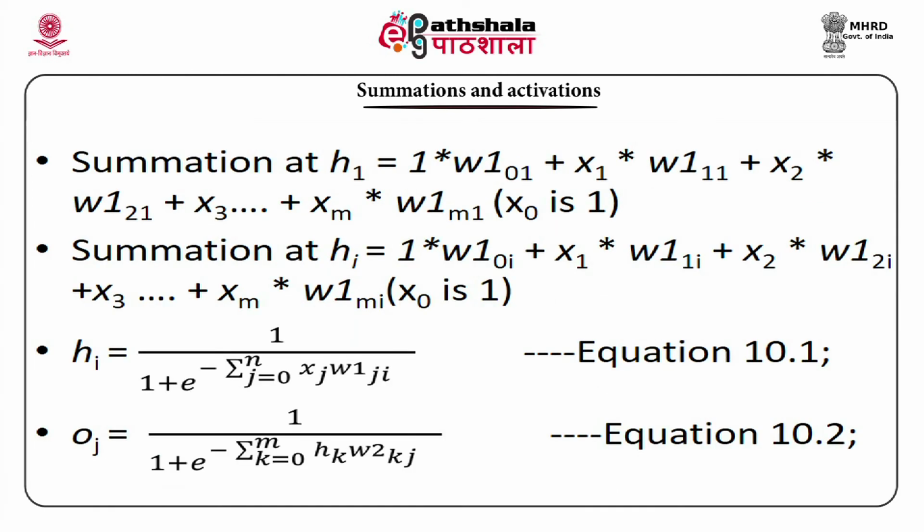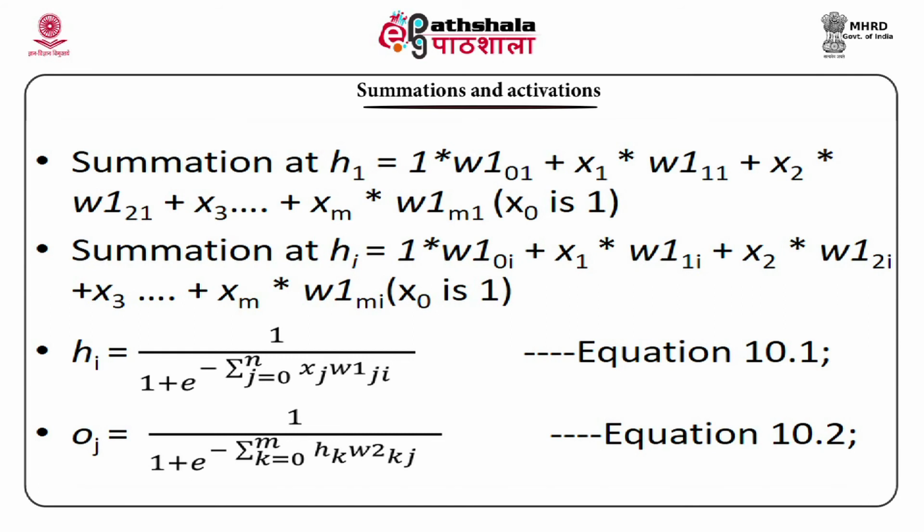You can set h1 equal to x0, which is always 1, into W101, plus the next input, x1 into W111, x2 into W121, x3 into W131, and so on till the last one.